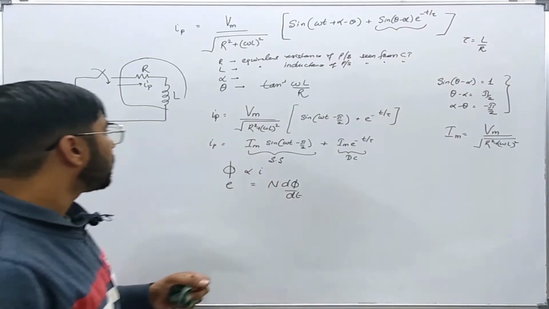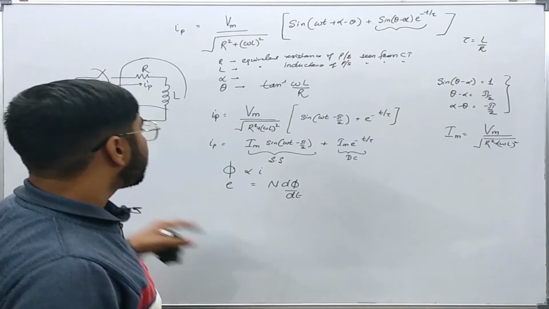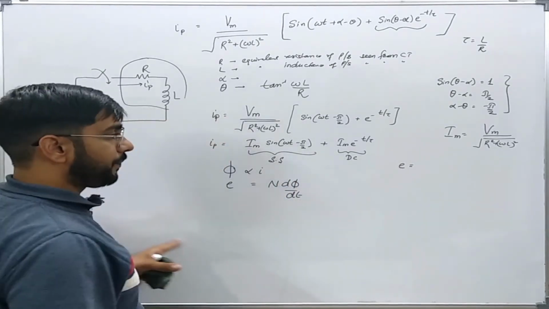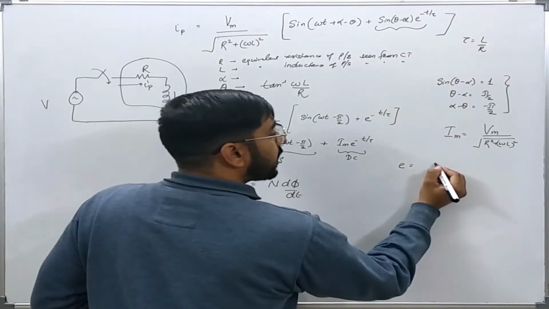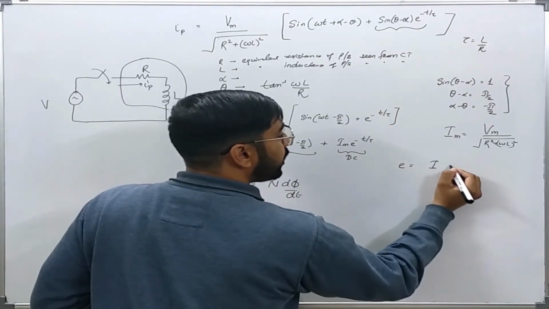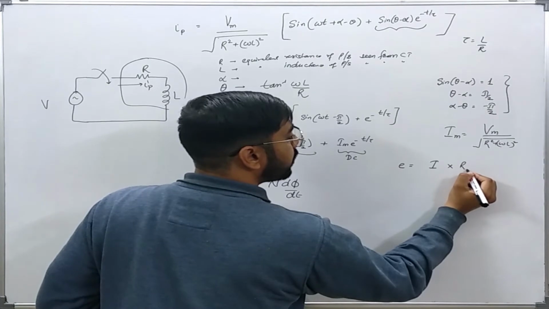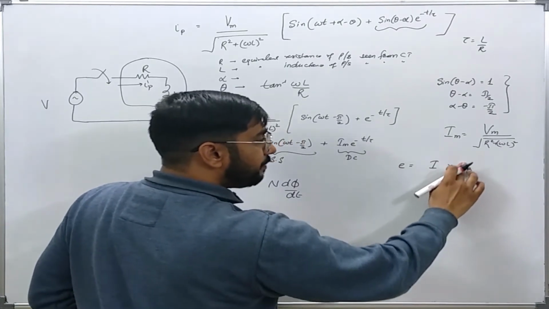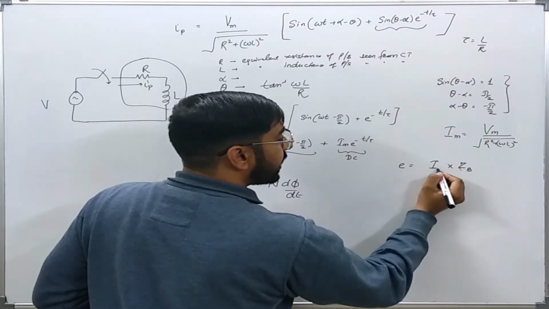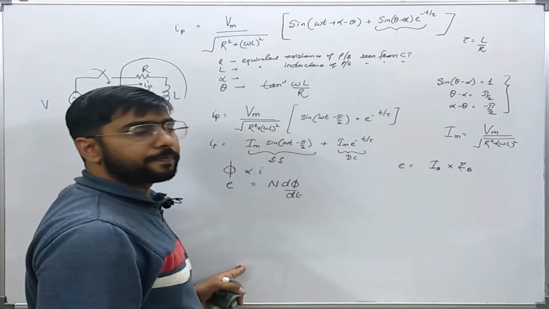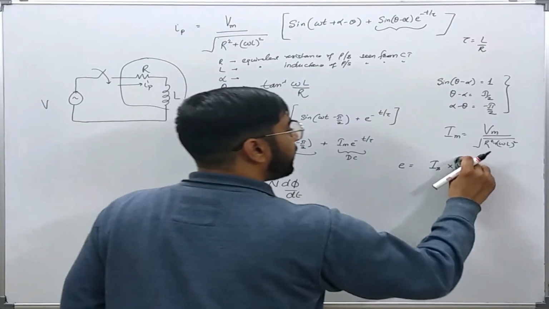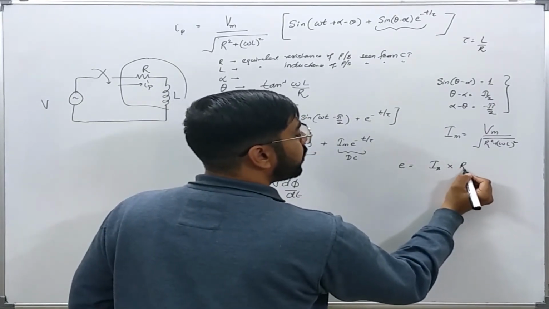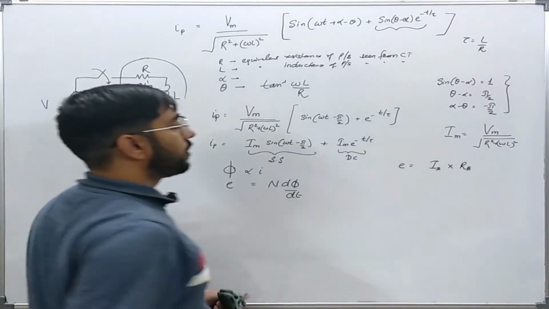Okay. Now I know that E is simply the current into the burden, or if I take impedance, then I can write it like this: I secondary into the burden. Okay. Let me take that the burden is purely resistive to simplify the equations. Okay.